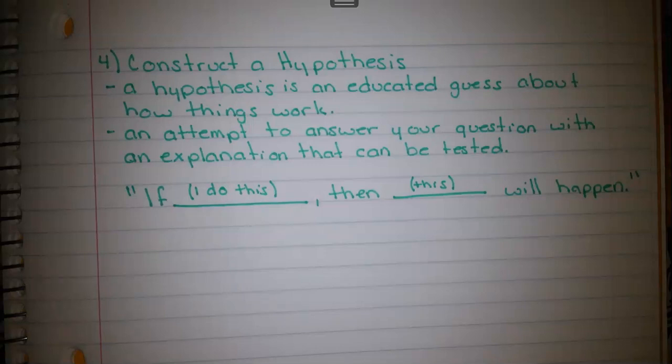So my question that I'm going to be using for the rest of this example is going to be, is the pollution in the water causing the frogs to grow limbs? Okay, is the pollution in the water causing the frogs to grow limbs? So if that's my question, what would I have to do in order to get my answer?